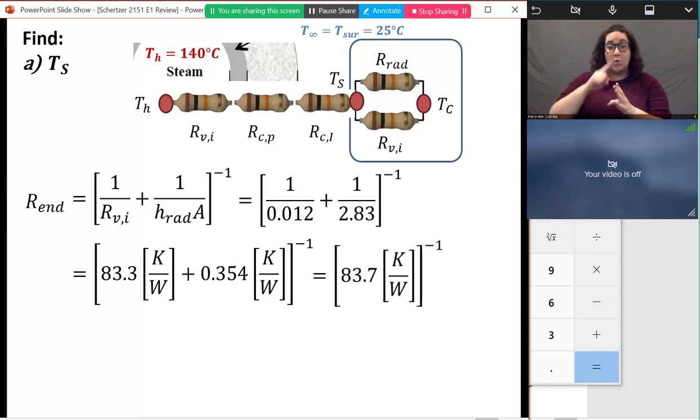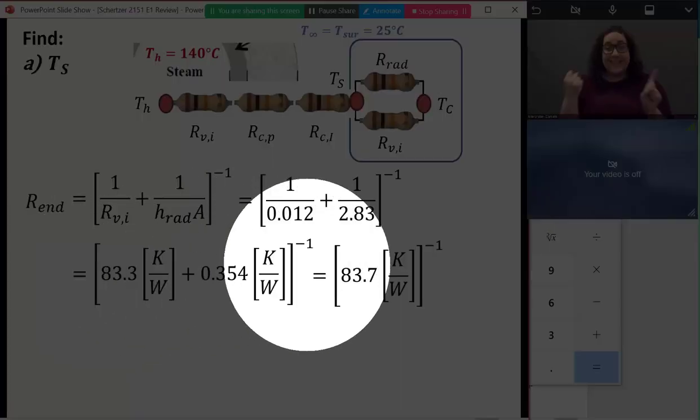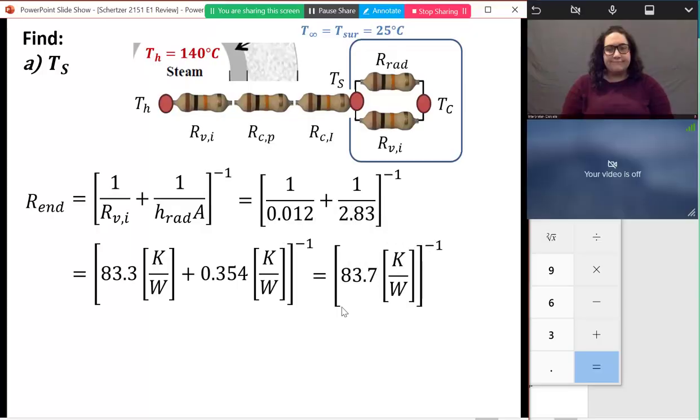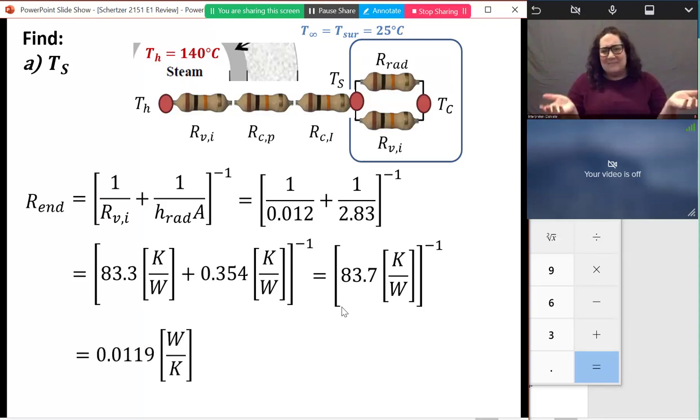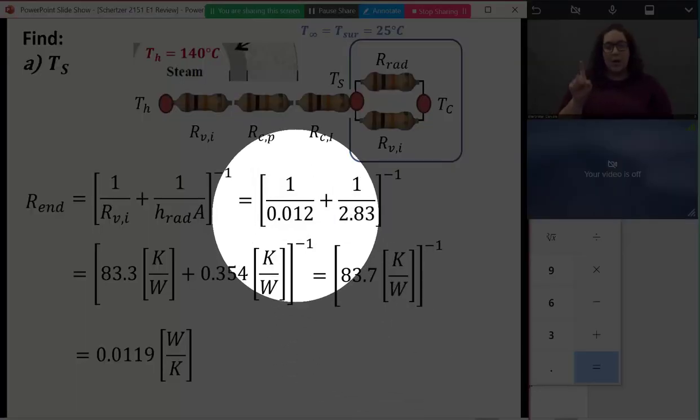So when I add those two things together, I get something that still looks very close to 83.3. Now it's 83.7. It's almost the same. And if I invert that, then I get that the resistance of these two resistors in parallel is 0.0119, where before it was 0.012.